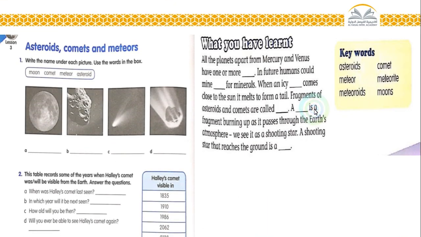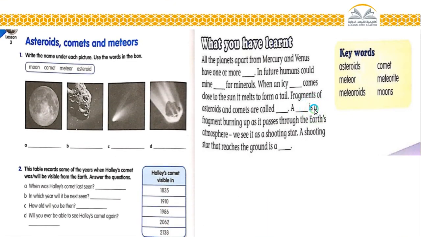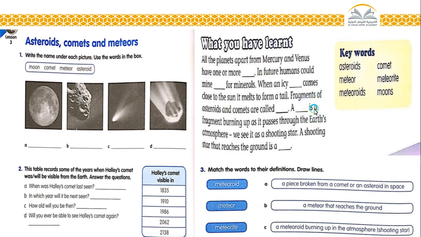So this is what you have learned about asteroids, comets, and meteors. What are the relationships that the three have? Okay. So if you have the keywords, you will use them in what you have learned. Then you go to your workbook and answer the questions. You identify: what is this? Is this a moon or a comet or an asteroid or whatever it is?